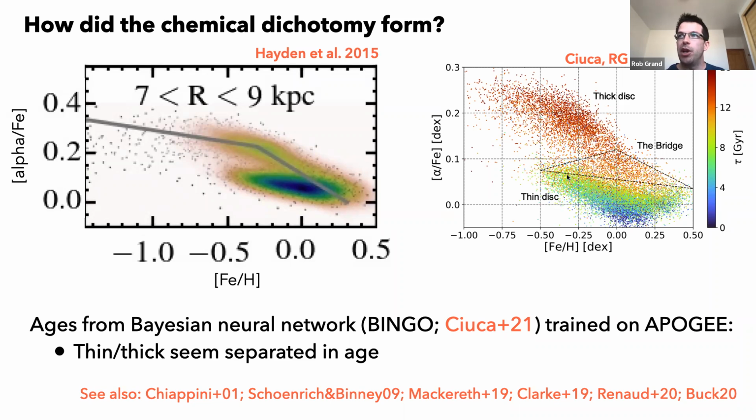Everything below about 8 gigayears in age pretty much belongs to this thin disk component, and everything above that pretty much belongs to this thick disk component. So they seem to follow on from one another in this particular picture.